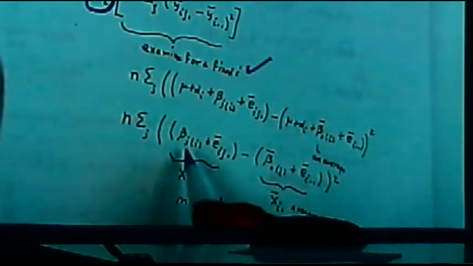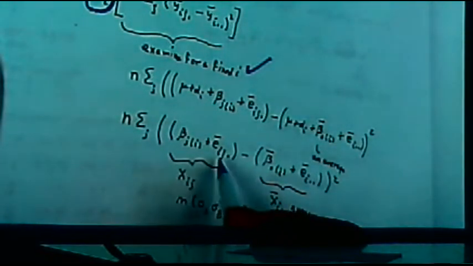So leave it as it is: beta ji plus e bar ij dot, and then from the last part, beta bar dot i. Notice I left the i in there because in this whole discussion, i is just some fixed row, and then we have e bar i dot dot at the end.